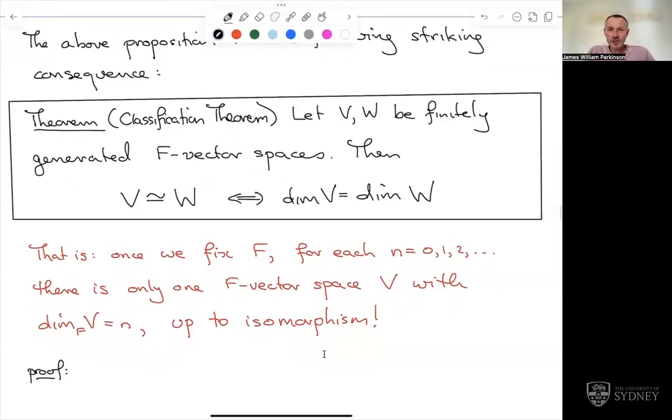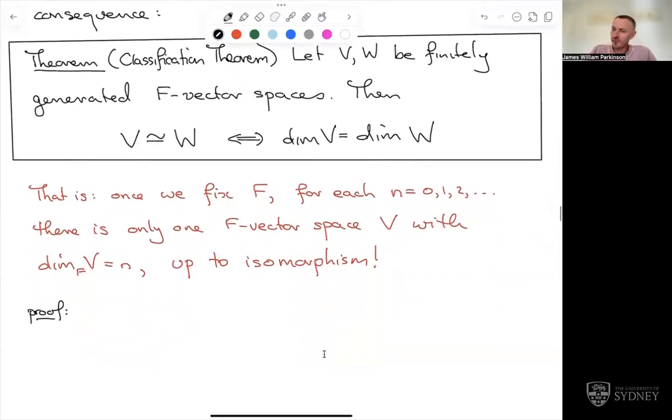So the way this goes, we'll prove both directions. So suppose V is isomorphic to W. It's an isomorphism, not an equality there. And let theta be an isomorphism.